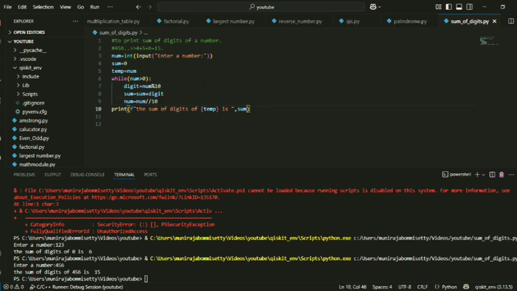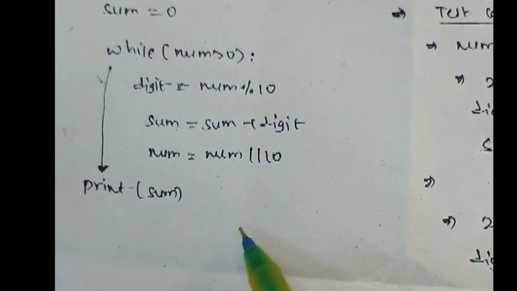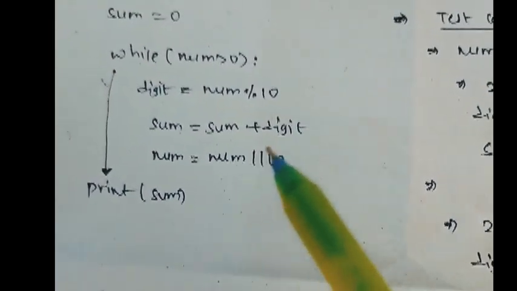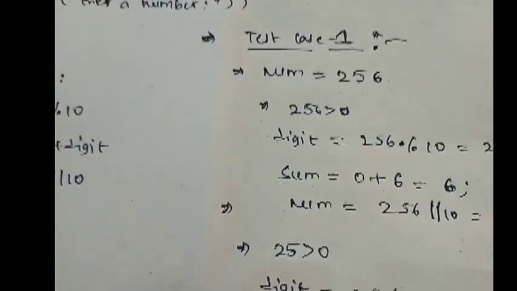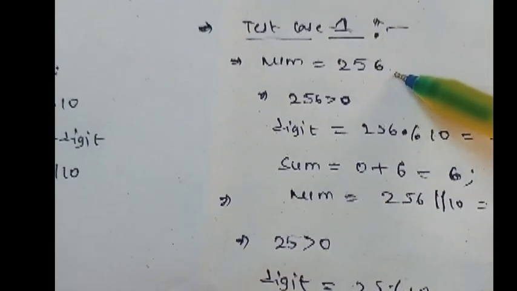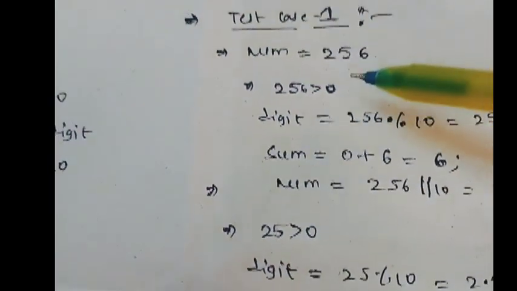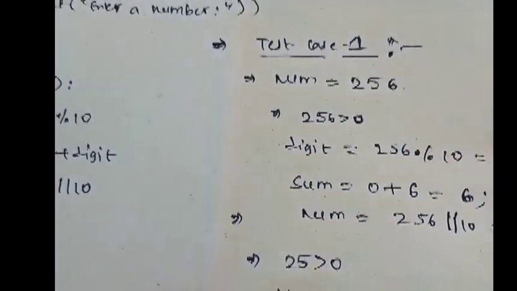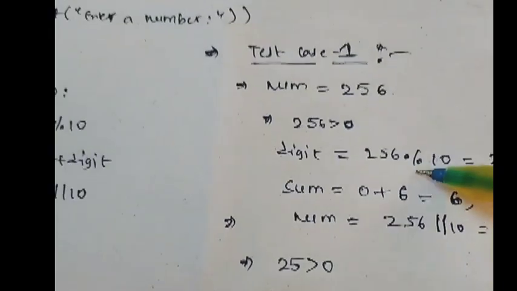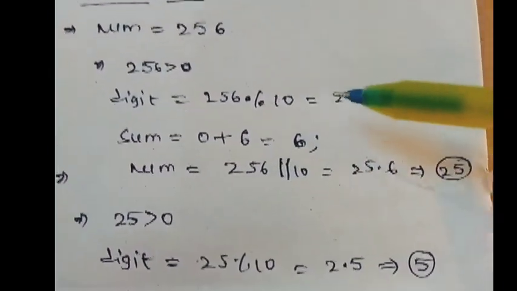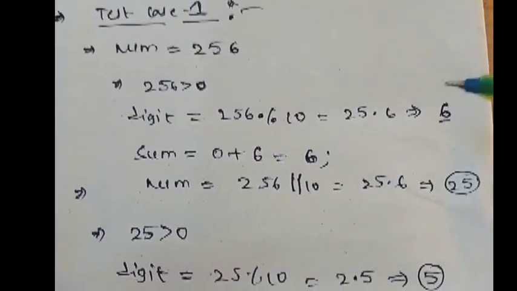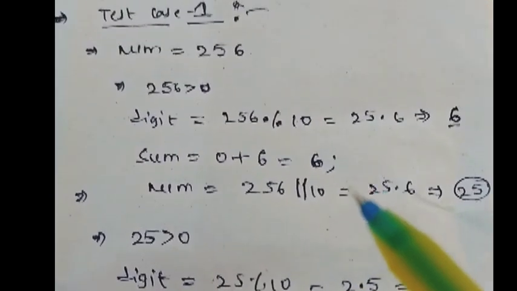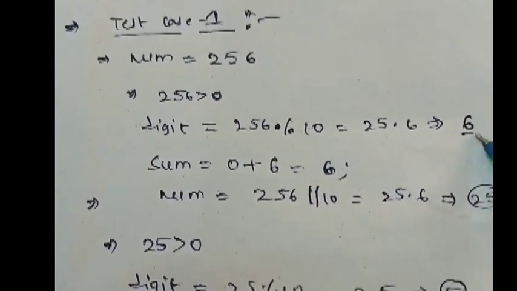Now let's try with a test case. This is the basic program for the sum of digits. Now suppose the user entered number is 256. We know that 256 is greater than 0, and by using this code, digit = 256 modulo 10. From this we get 25.6, where modulus always gives a remainder, so we get 6.